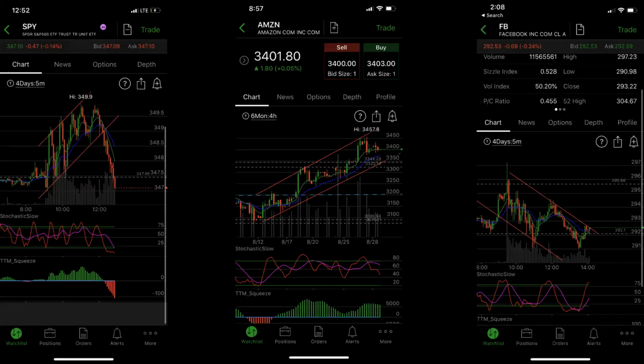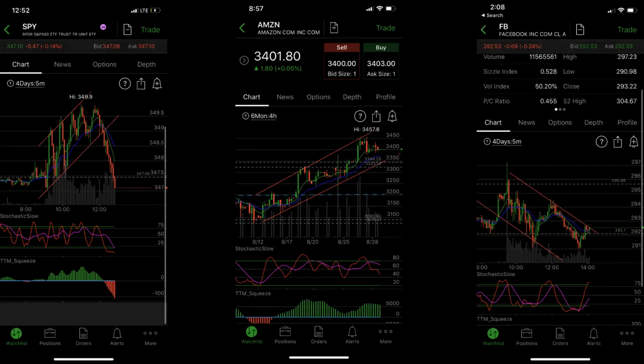Is a channel and the wedge the same thing? So I was gonna go over that, but I don't really look at wedges, but they have the same concept. Once you get the concept of channels and triangles just being areas of consolidation and just waiting for the break of that trend line or the break of that support or resistance line, then you're going to be able to get it.